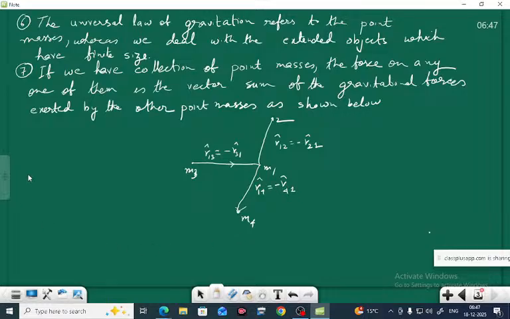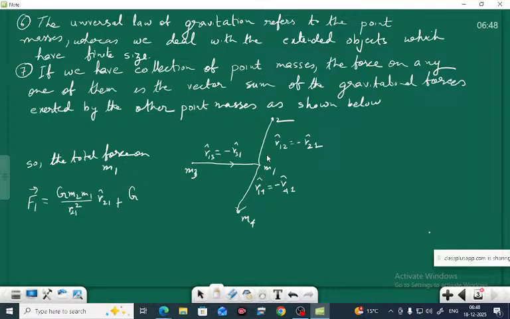So the total force on M1 will be capital F1, the force is equal to capital G M2 M1 by R21 whole square, R unit vector 21, plus capital G M2 M1.